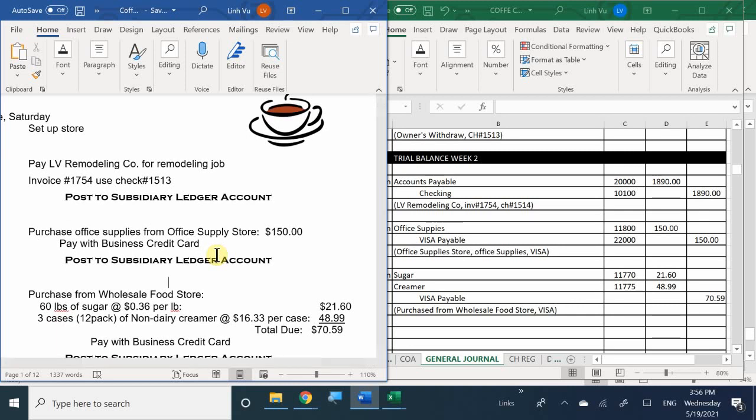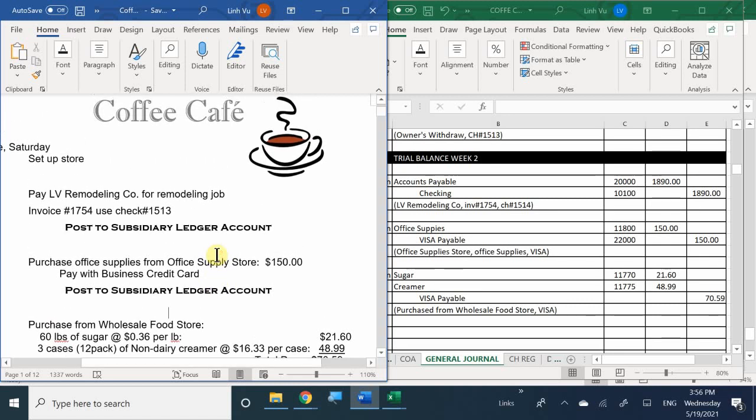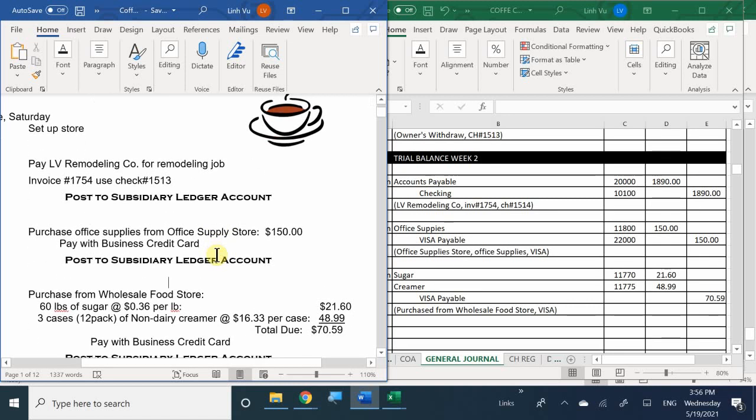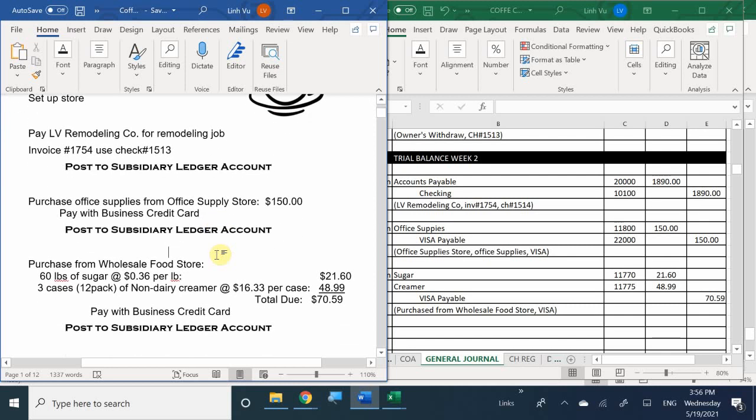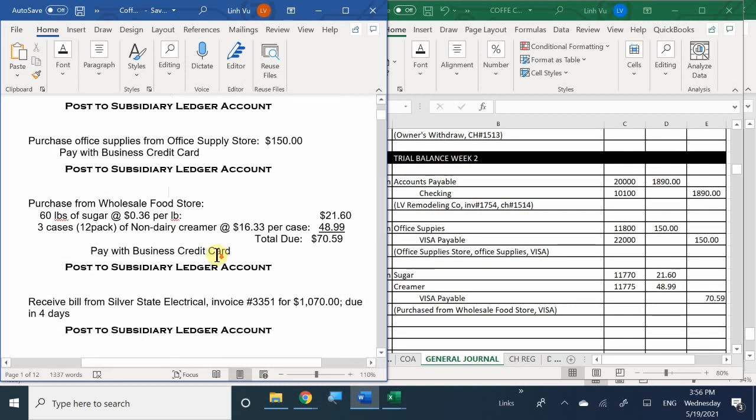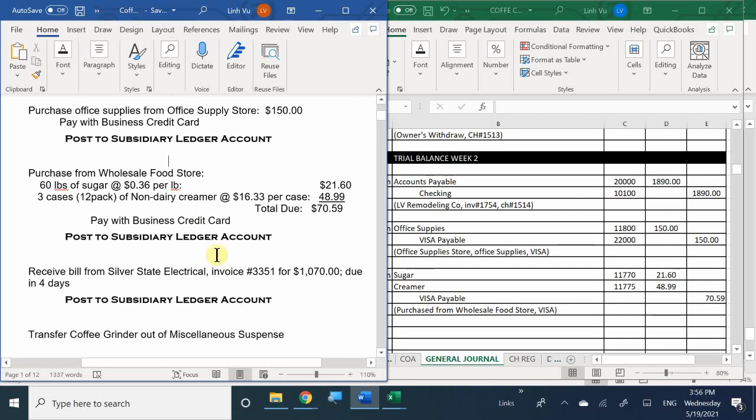Exactly, especially because the owner is open 7 days a week, Monday through Sunday. And in the beginning, the owner works 7 days. We can't afford to pay other people to work for us. So right now we have to do what we can do. That's why he paid himself $1,500. Exactly.